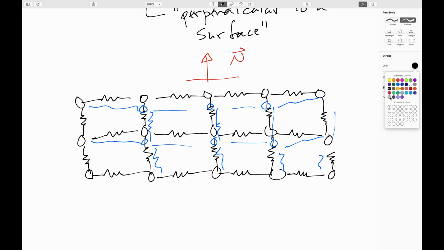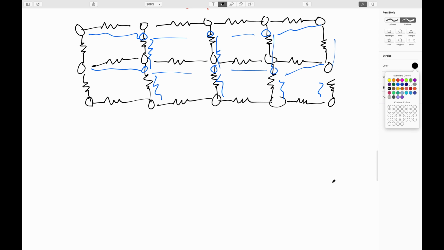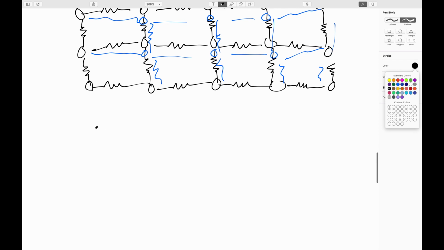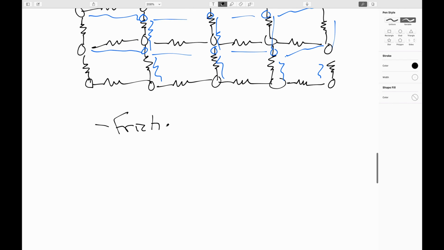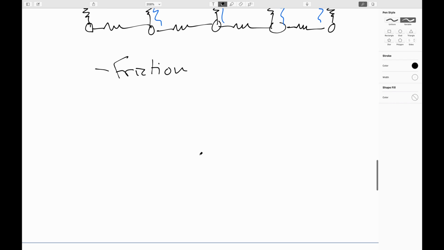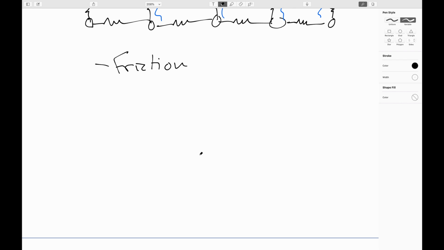So let's take a look at friction for just a quick moment. It turns out that with friction, there's a zillion models for it, but we'll just focus on one picture of it that is correct most of the time.